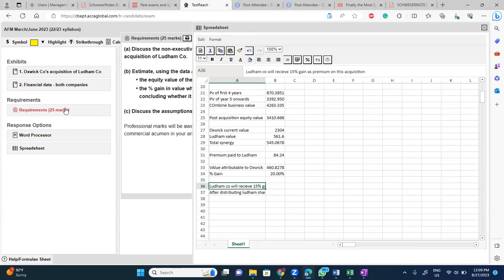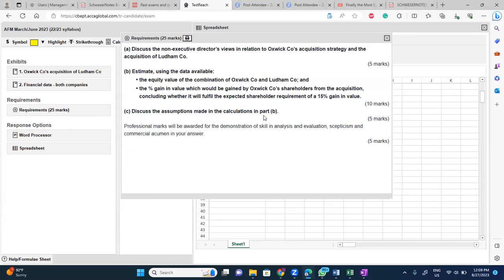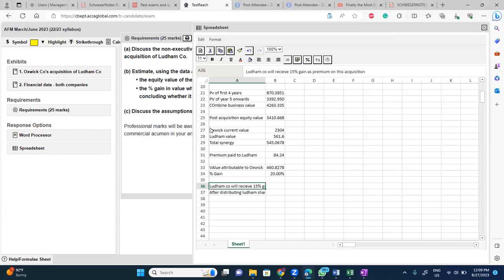Last part is discuss the assumption made in the calculation part. So now you need to discuss the assumption. Anyone can highlight any assumption.